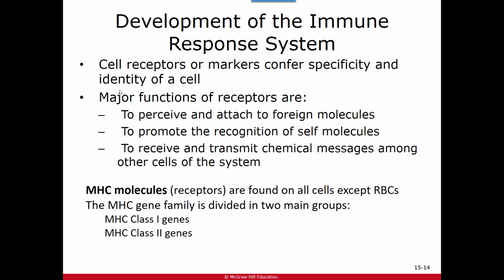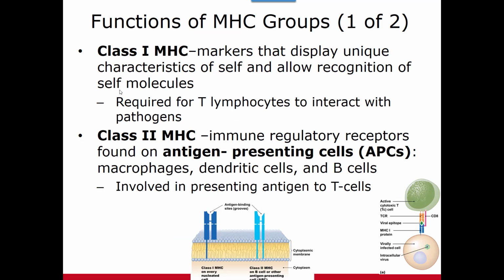They are found on every single cell in your body except the red blood cells, so all nucleated cells are going to have at least one of these MHC antigens. But there are two kinds: class 1 and class 2. Class 1 MHC antigens are found on every nucleated cell.